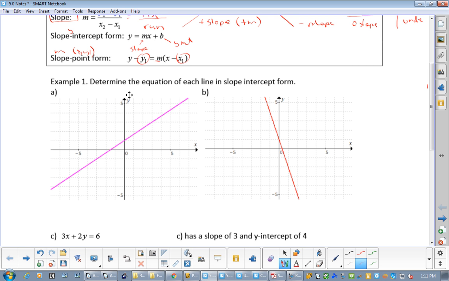The y-intercept is where it goes to the y-axis. It is 1. So we know the y-intercept is 1. Now, do we know the slope? Well, first of all, you have to find 2 nice points that the line goes through. And here's a nice one, obviously.